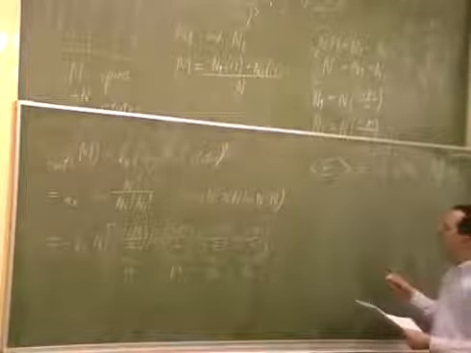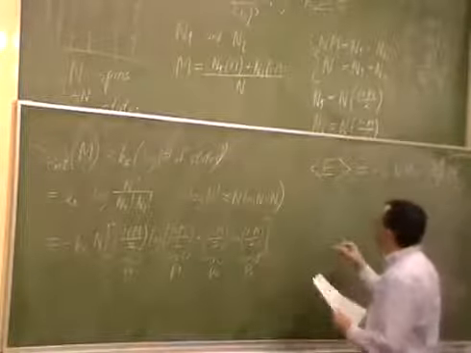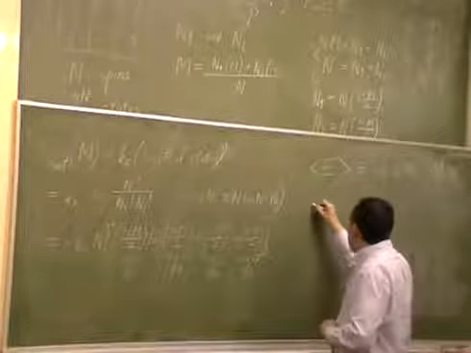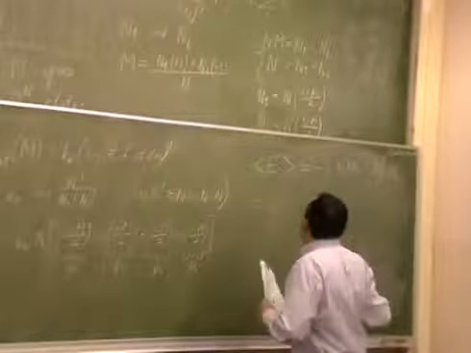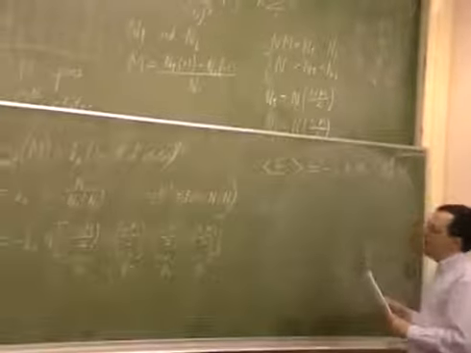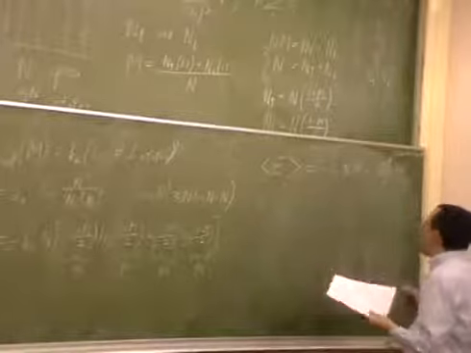All right, so now I can combine these two things to make the free energy for the Ising model. The free energy is going to be the energy minus temperature times entropy.